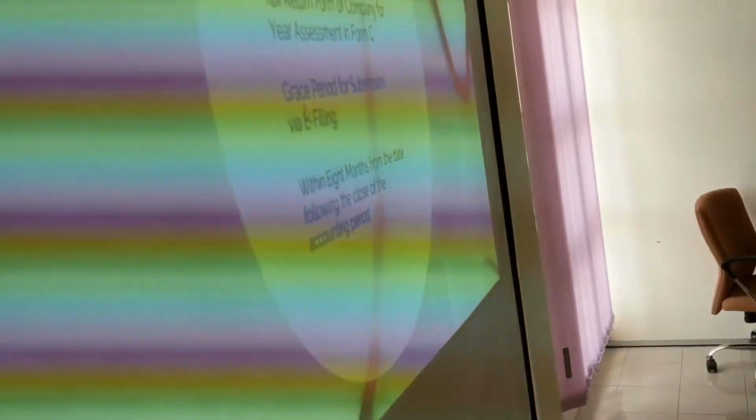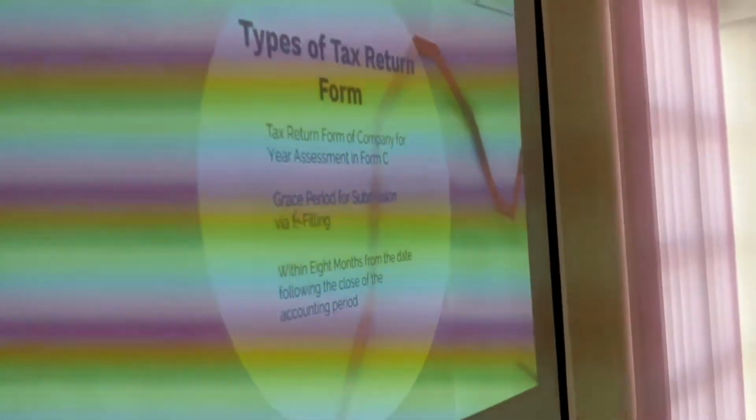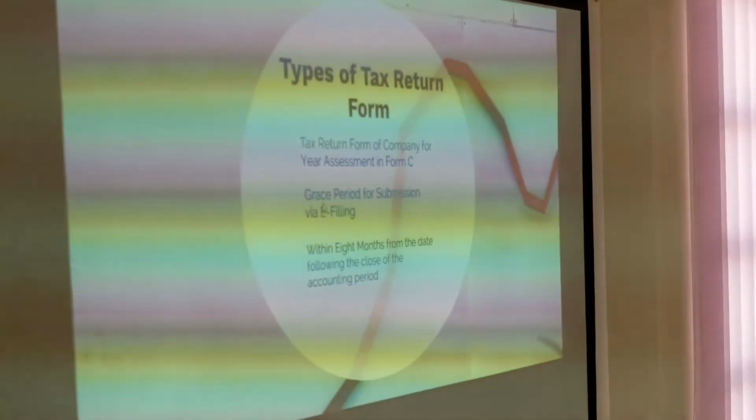The tax resident status of a company can be easily confirmed based on the Form C, which is the tax return form, and the board of directors meeting held in the prior year.